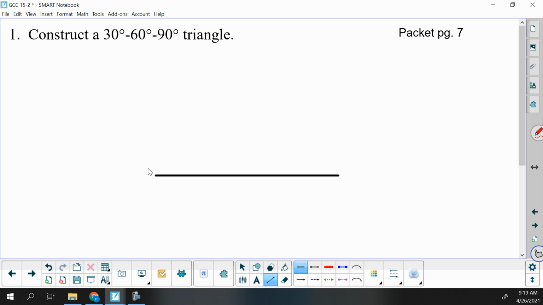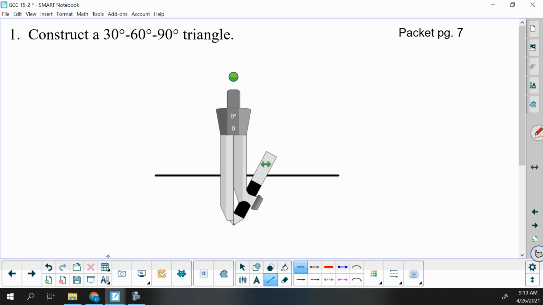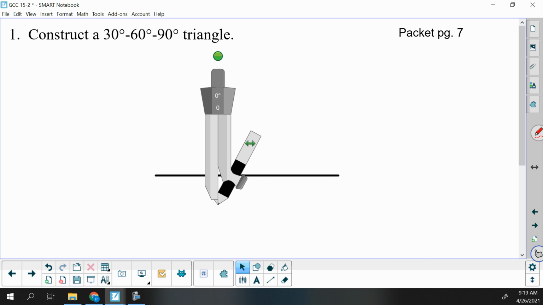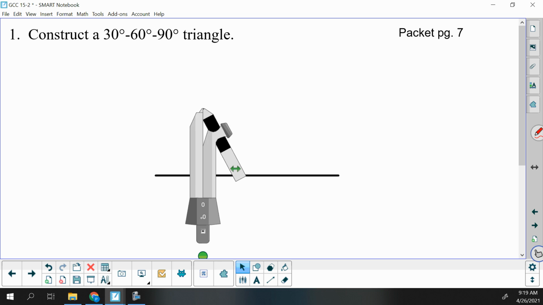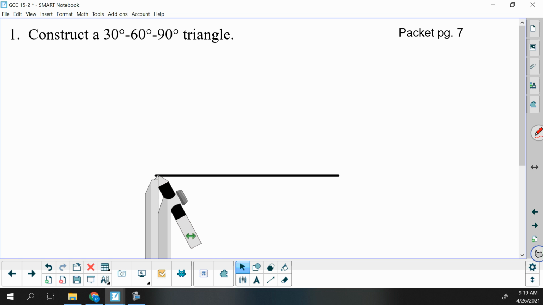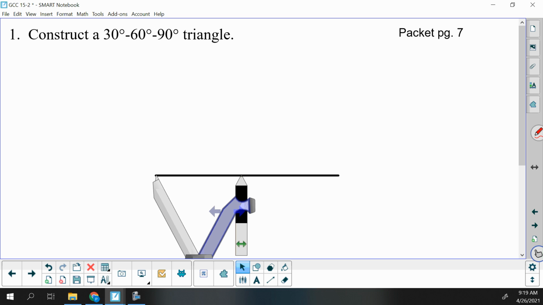So with your compass, we're going to mark off a certain length on our segment. There's nothing telling us exactly how long that needs to be, so we get to pick. So put your point on one end, open it up a little ways, make a mark.